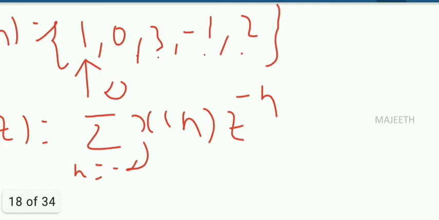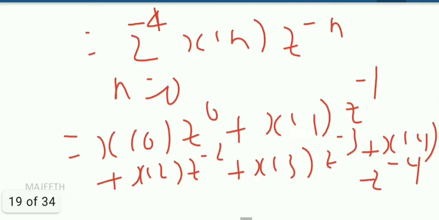So what is my x of 0? 1. x of 1 is 0. It is 1, 0, 3, minus 1, 2.